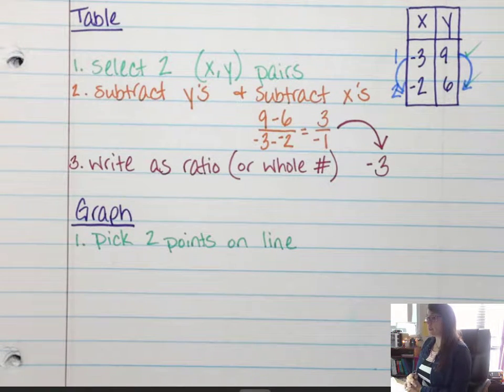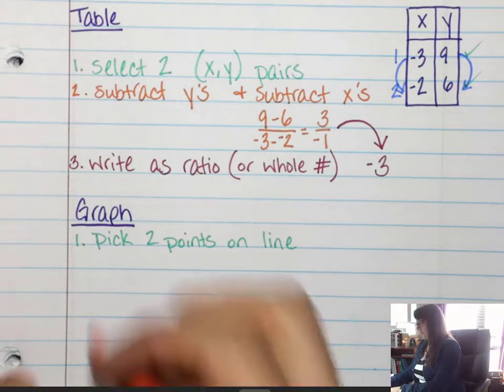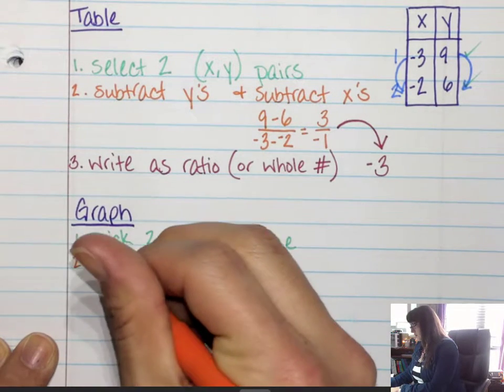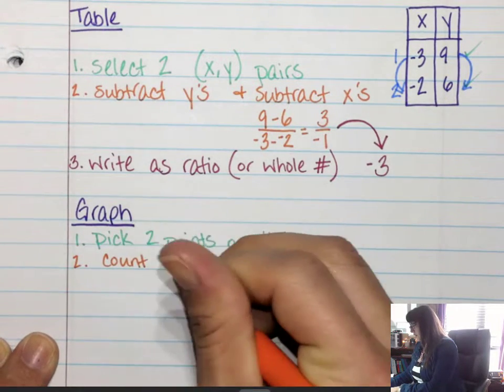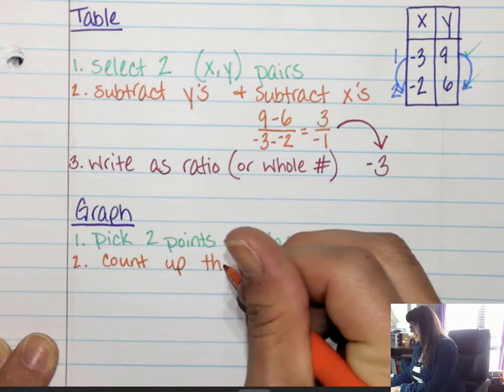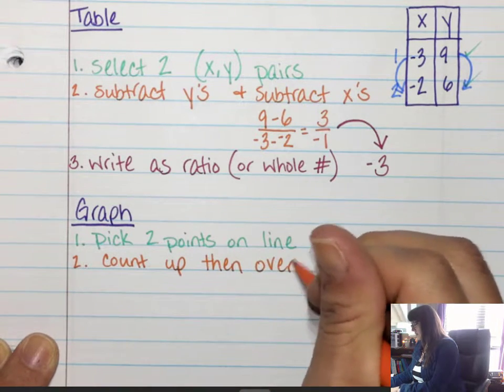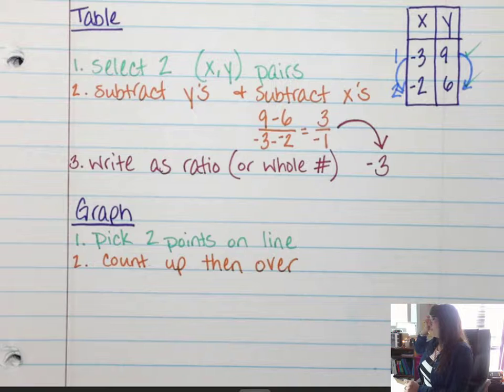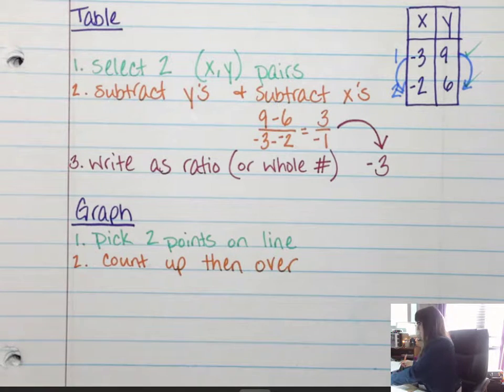If 0, 0 is an option, pick 0, 0. Pick 2 points, and then instead of subtract, we're going to count up, then over. Up, then over.